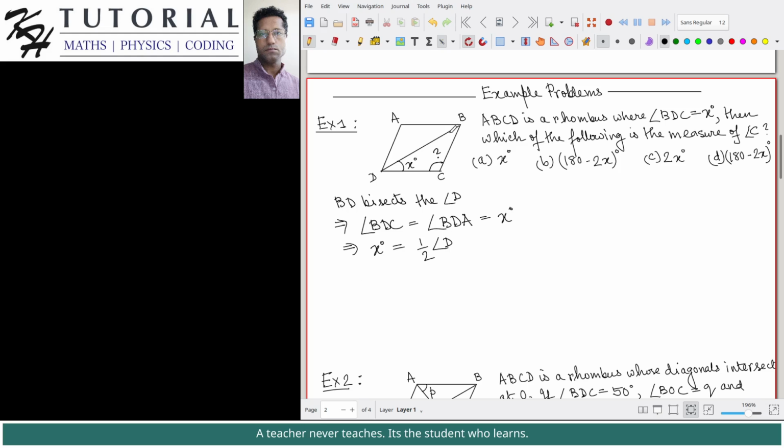Similarly, we can say that BD bisects the angle B. So this will imply that angle DBC should be equal to angle DBA.